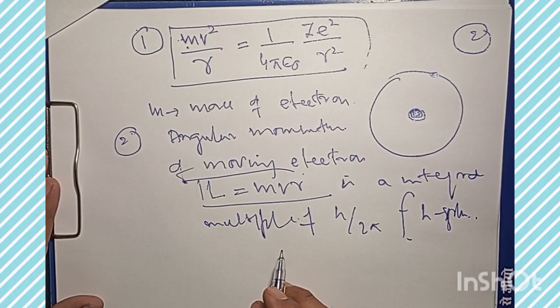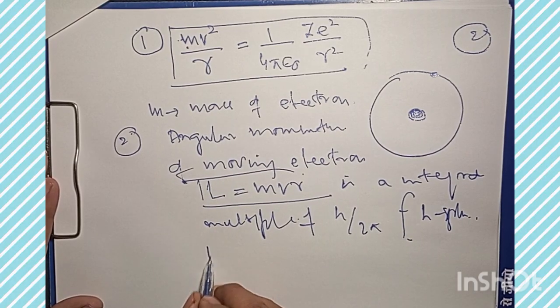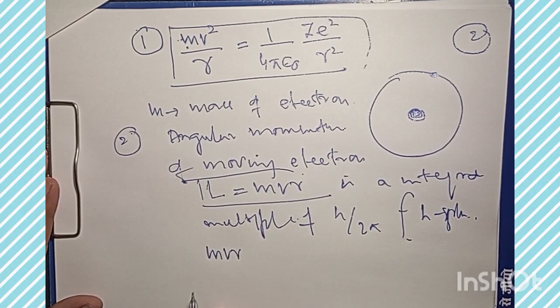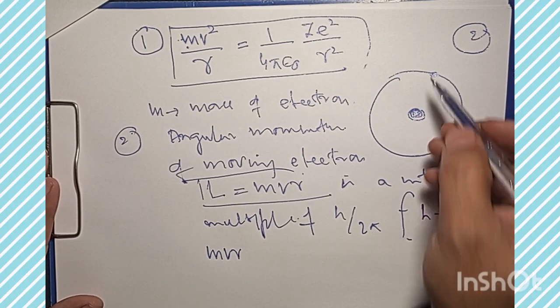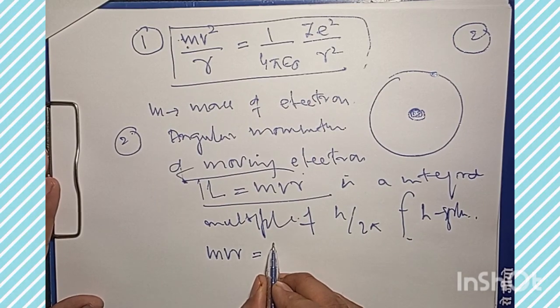So this is the next condition. If I have to write this in mathematical form, mvr, that's the orbital angular momentum of the electron that's revolving around this nucleus, equals the integral n.